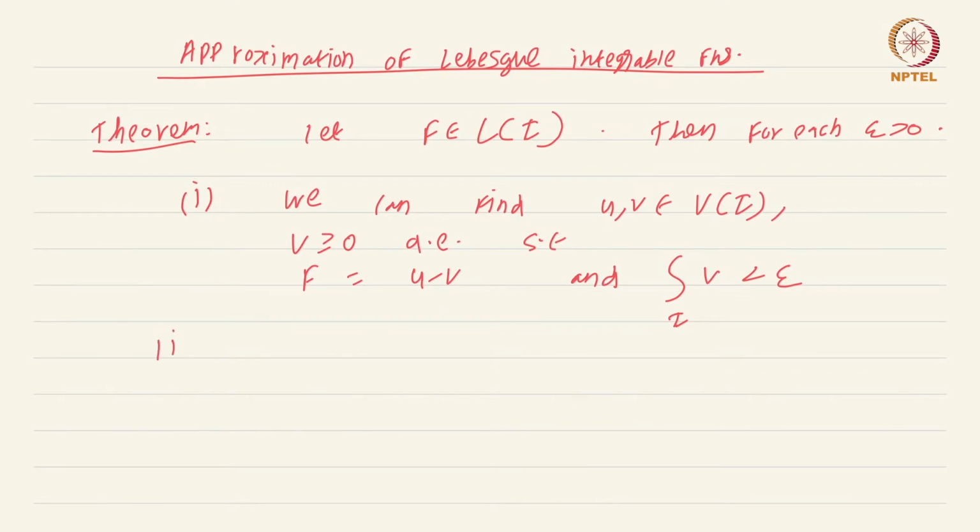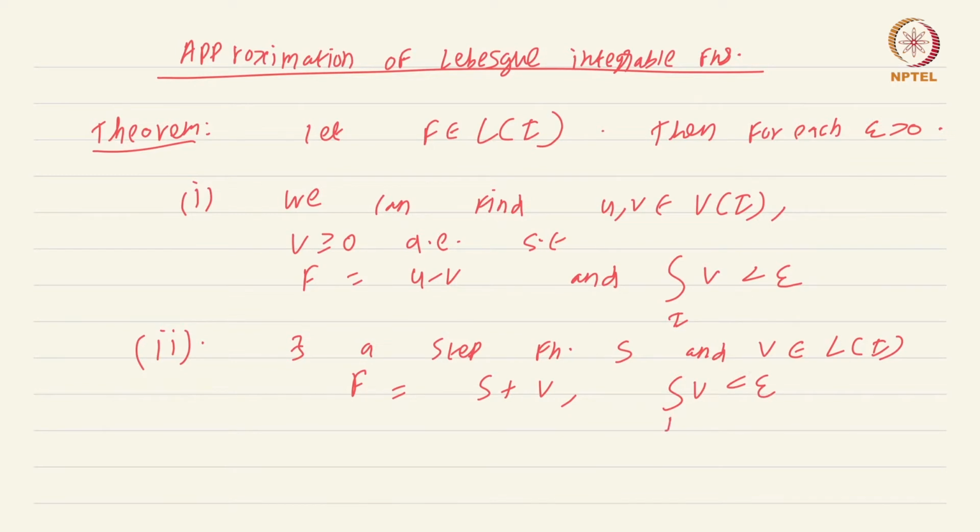The second approximation theorem sort of says that this function is almost a step function. So there exists a step function s and v in L of I such that f is just equal to s plus v and the integral of v is less than epsilon.